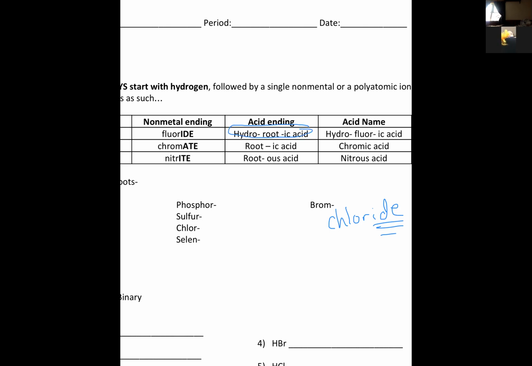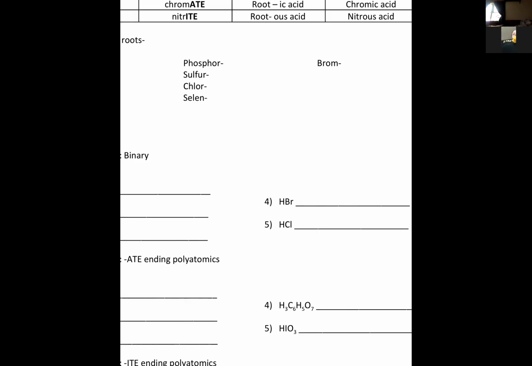So if I had chloride, then this would be hydrochloric acid, which is what I would end up writing down on the bottom. So for number 5, you would write hydrochloric acid.